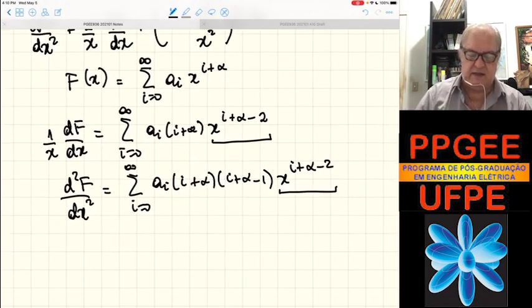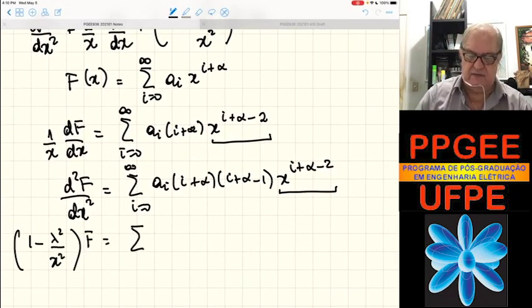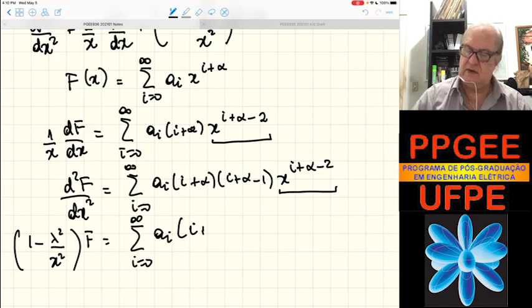But we are going to have that term, 1 minus lambda squared over x squared, times f, which equals the sum from 0 to infinity of a_i.